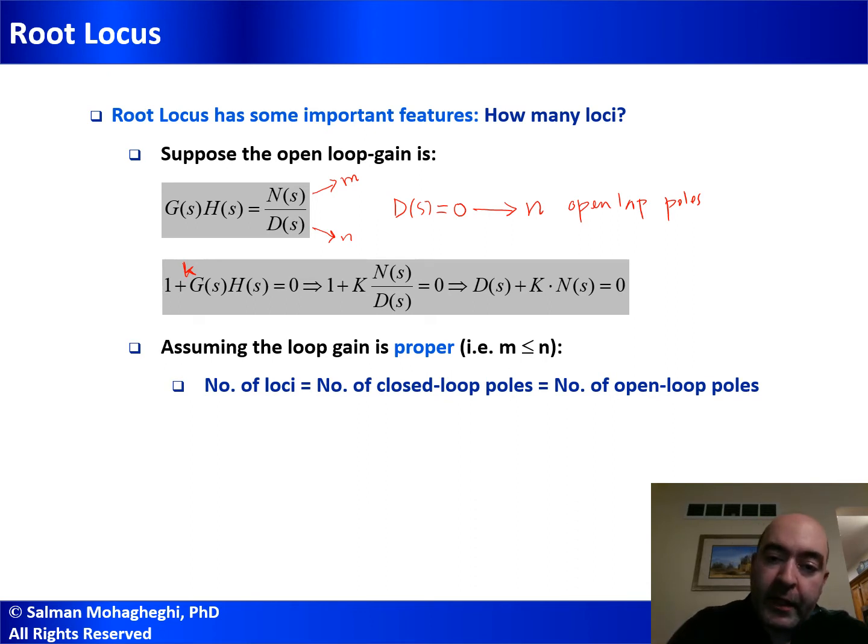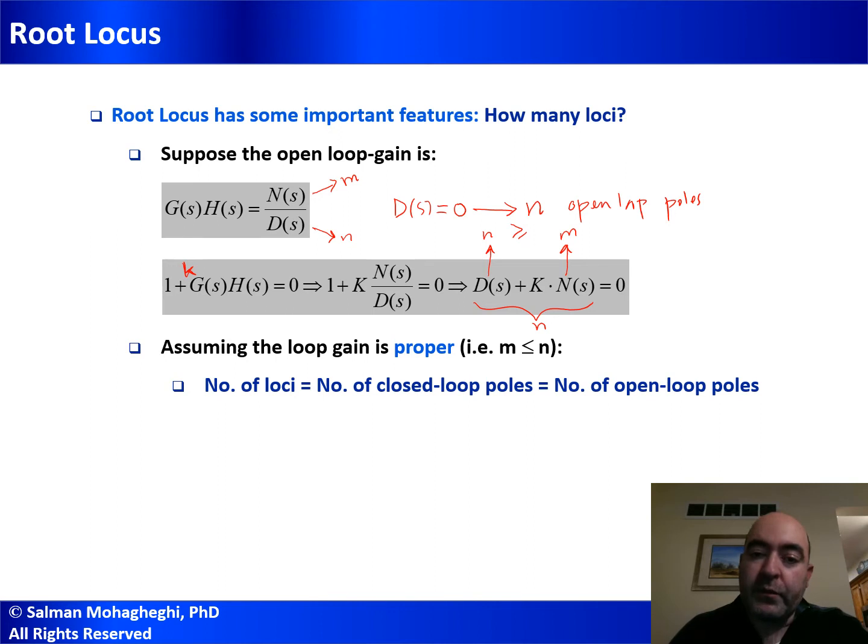Now, N of s is a polynomial of order m, and D of s is a polynomial of order n. If this is a proper transfer function, which is the case for most realistic systems, we know for a fact that n is going to be greater than or equal to m. This would mean that collectively, this polynomial will be of order n.